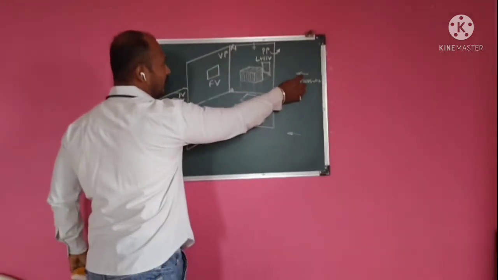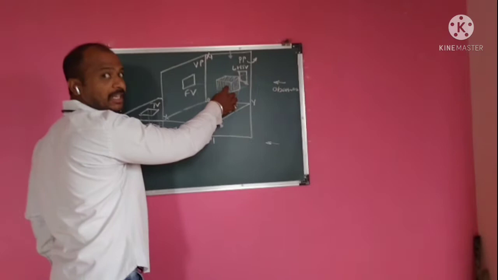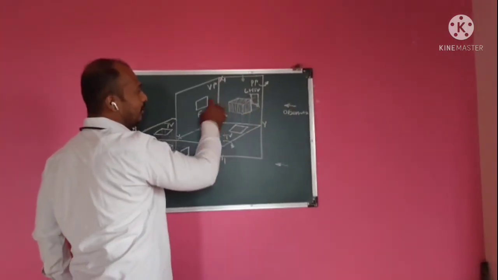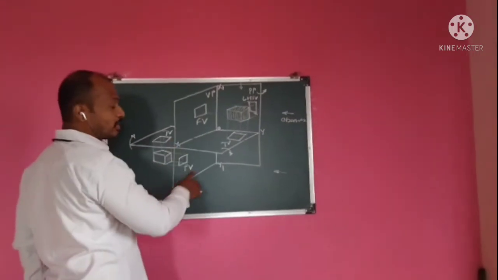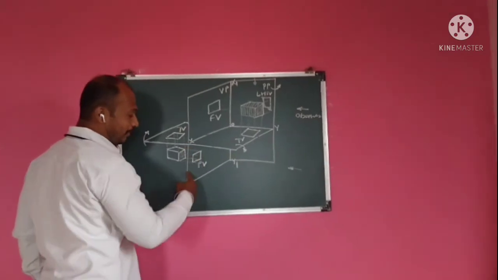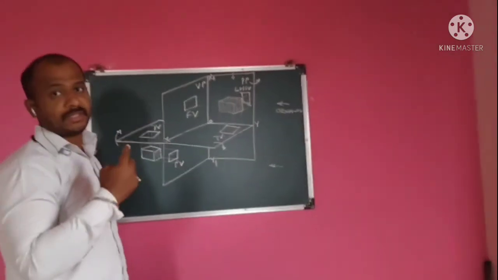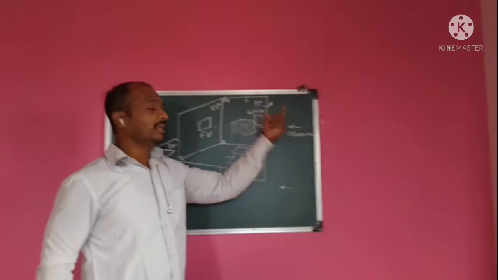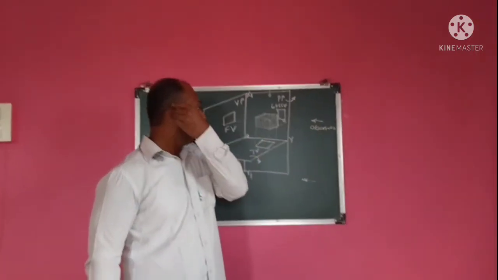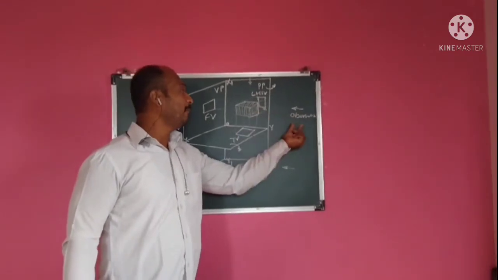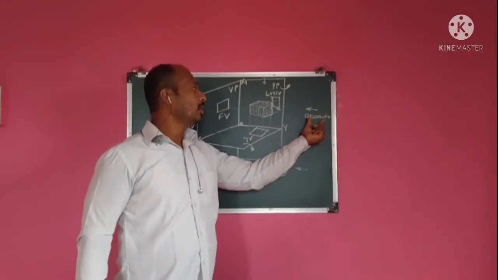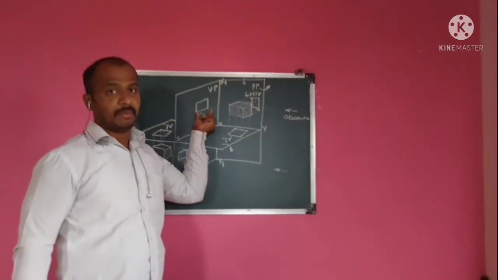Okay, observer, then next is the object, and then there is a principal plane. Observer, object, principal plane. But in the case of the third angle method, observer, then principal plane, and then object. It means in the first angle method, the object is kept in the first quadrant, that is, the object is kept in between observer and principal plane.